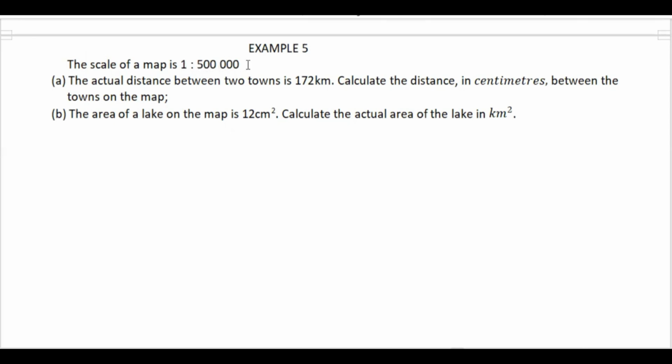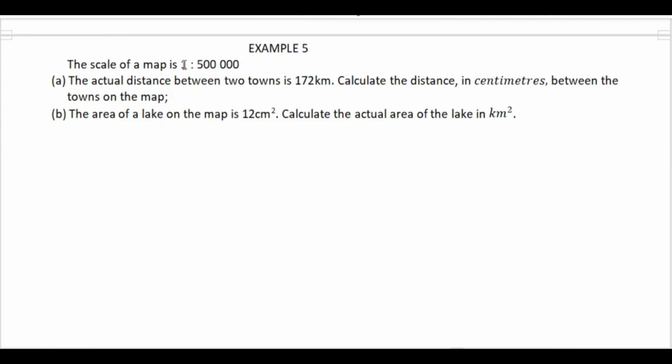For example, maybe the length of a particular road is 500,000 centimeters in reality, that is on land. But if you want to represent it on paper, you use 1 centimeter to represent it.